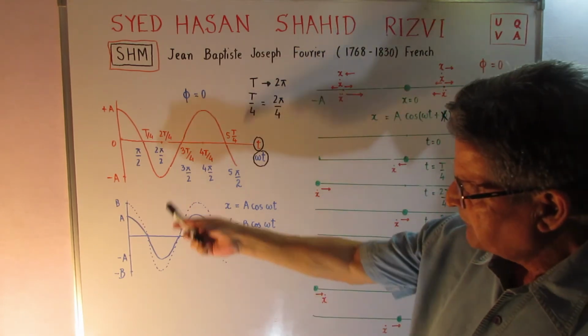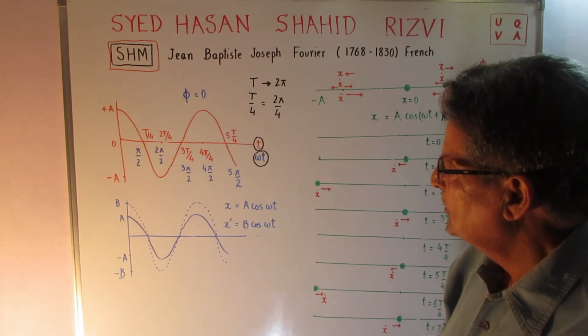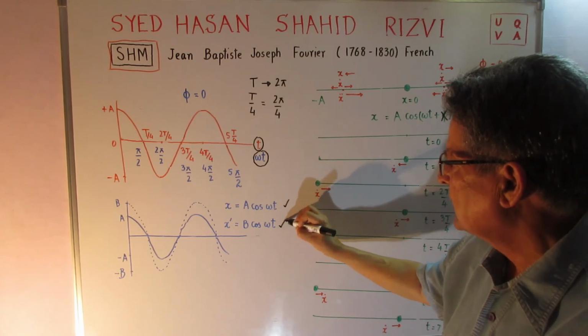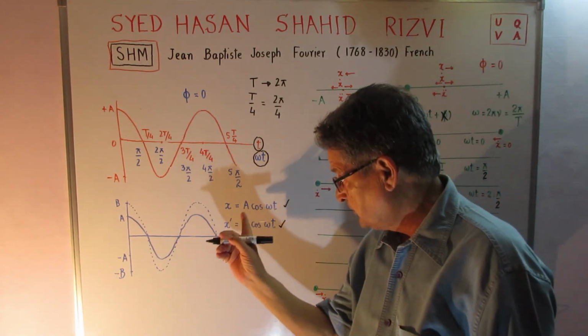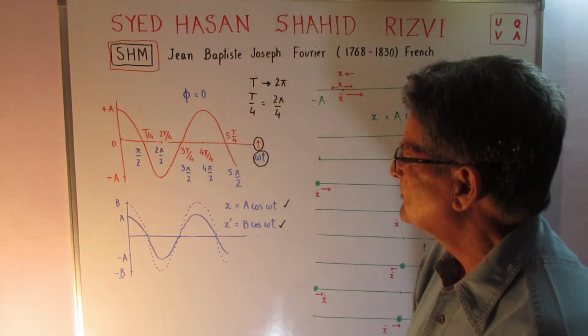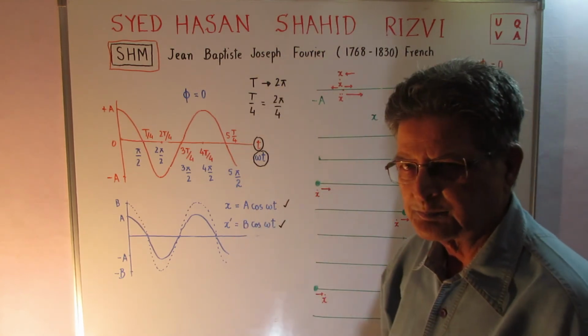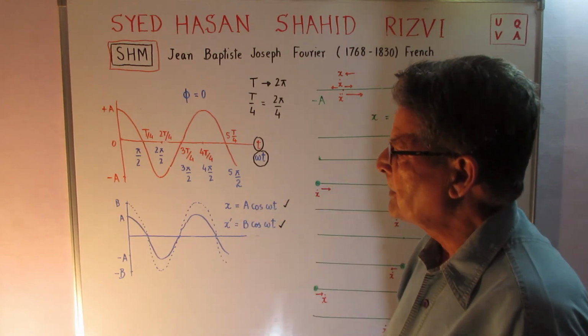Now in the graph that follows here, I have shown you two functions, x and x prime, or I can take them as x1 and x2, etc., where the amplitudes are a and b respectively.